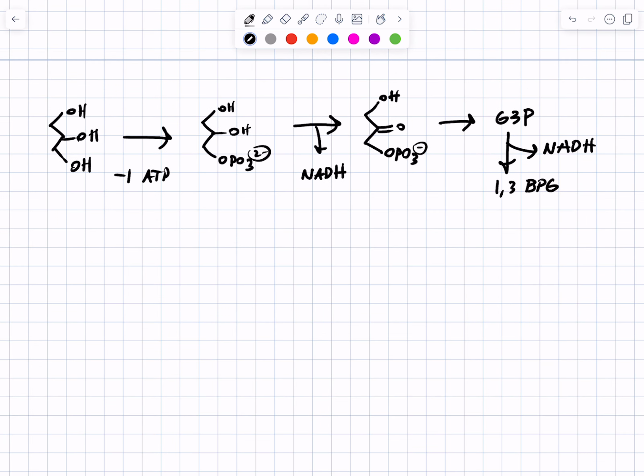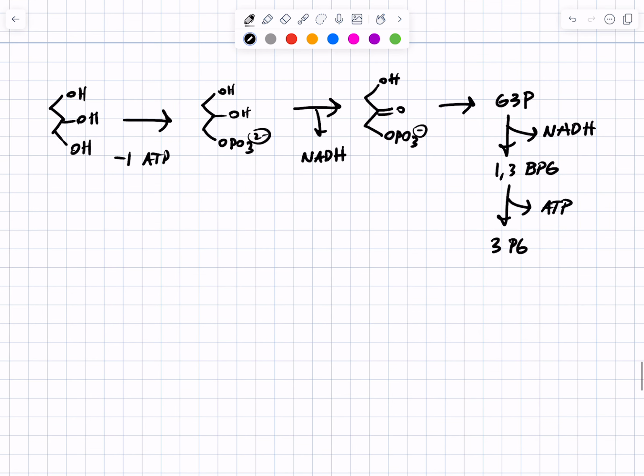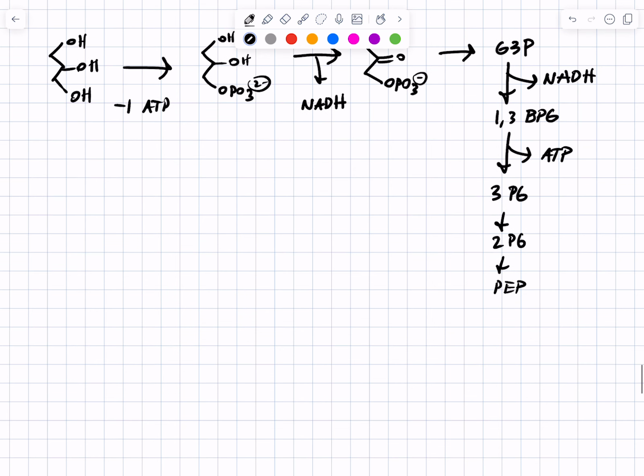And then 1,3-bisphosphoglycerate goes to 3-phosphoglycerate, and we generate an ATP. 3-phosphoglycerate goes to 2-phosphoglycerate, goes to phosphoenol pyruvate, goes to pyruvate with ATP. All right.